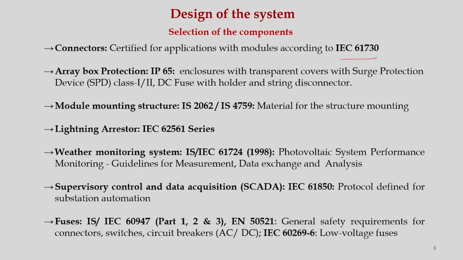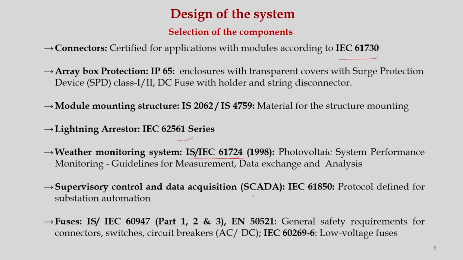Then the module mounting structure follows Indian Standard IS 2062 or maybe IS 4759, and the lightning arrestor, which is a very important component of a grid connected PV system, has its standard in the IEC 62561 series. Weather monitoring stations are also attached in a grid connected system, so it has one standard.